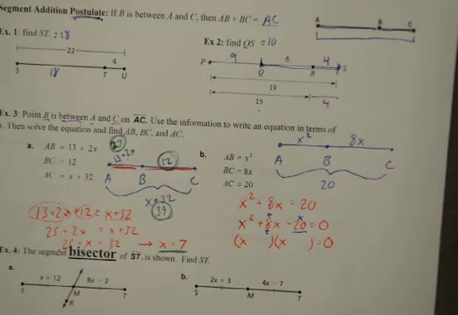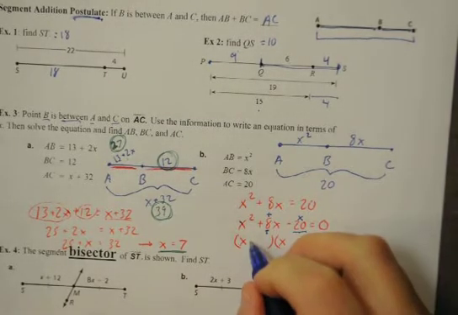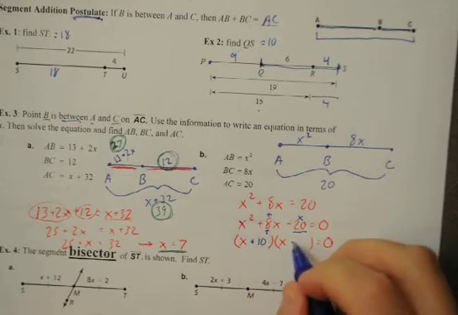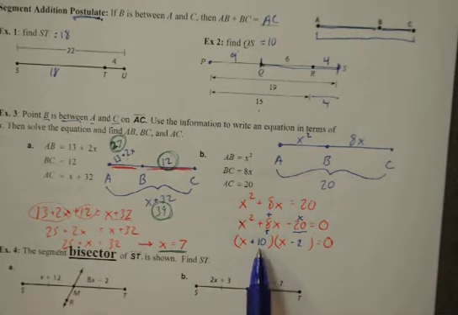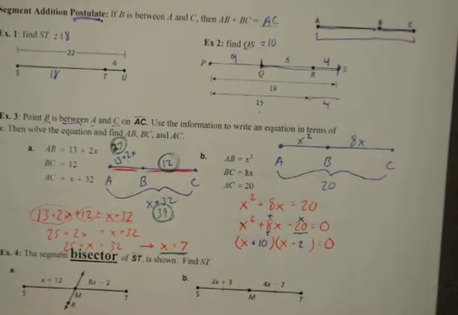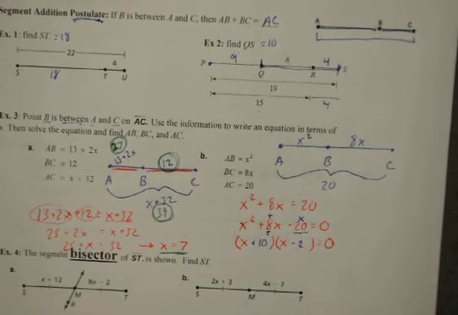Can you think of two numbers that add to 8 and multiply to negative 20? That's right. Positive 10 and negative 2. What is 10 minus 2? 8. What is 10 times negative 2? Negative 20. Those are the answers.